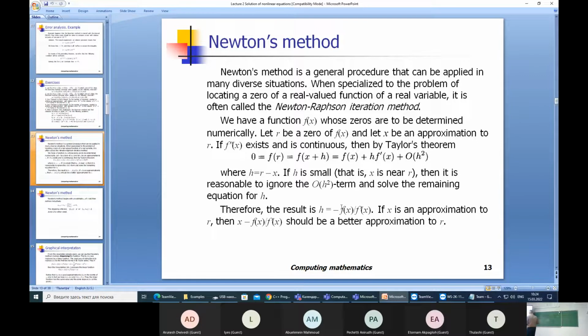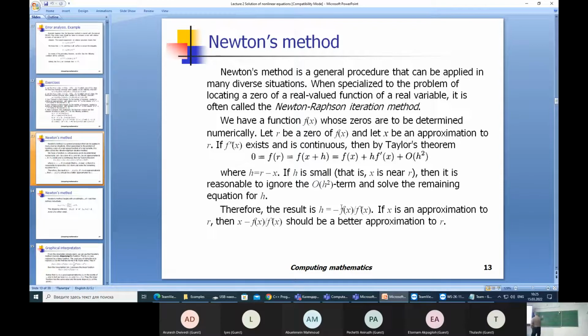Let me remind you that the Taylor formula allows us to compute the value of the function at some point using the values of the function at other points, at other point x. And we apply here this idea to find the root.